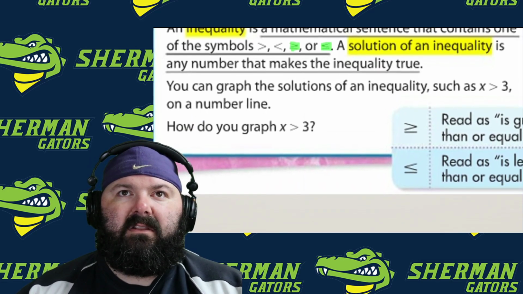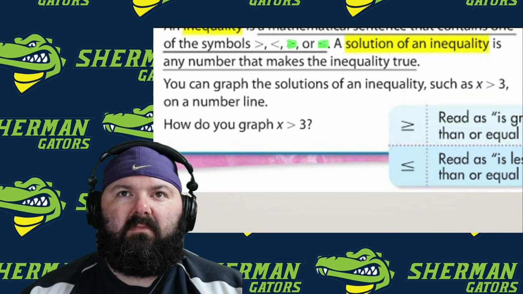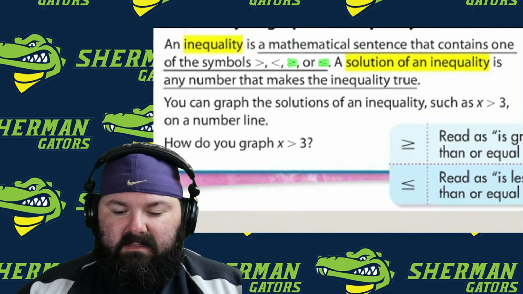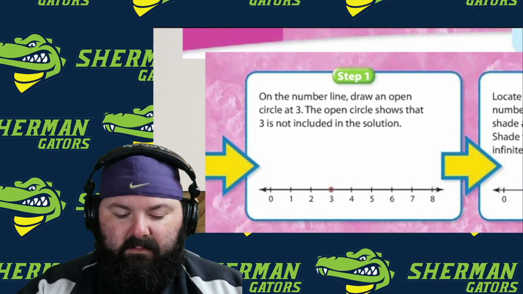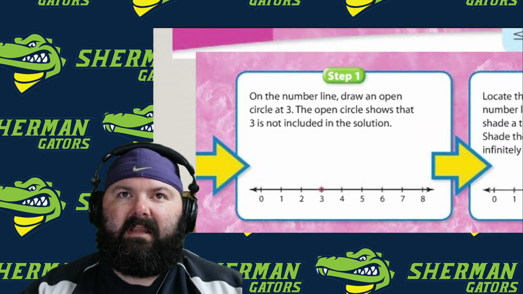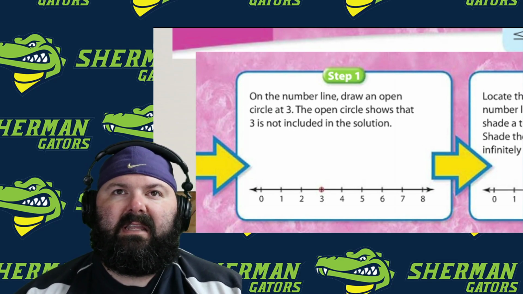You can graph the solutions of an inequality such as x is greater than 3 on a number line. And how can you graph x is greater than 3? So we're going to go over that. First off, we would draw our number line and we would have an open circle at 3. The open circle shows that the 3 is not included in the solution.